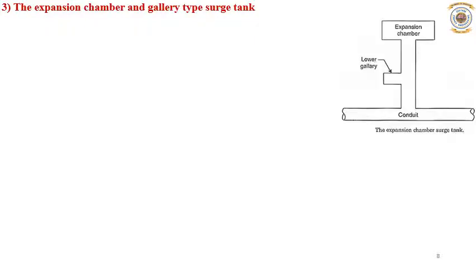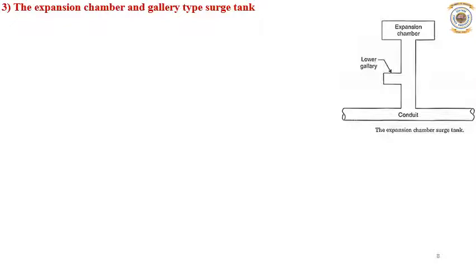So you can see this diagram, expansion chamber and gallery type surge tank. In this type, the surge tank has an expansion tank at the top and an expansion gallery at the bottom. Okay, so you can see one expansion chamber and lower gallery.